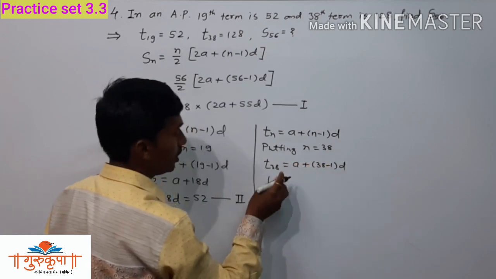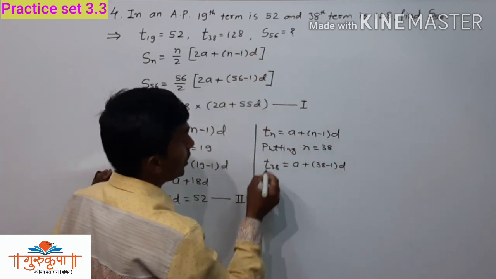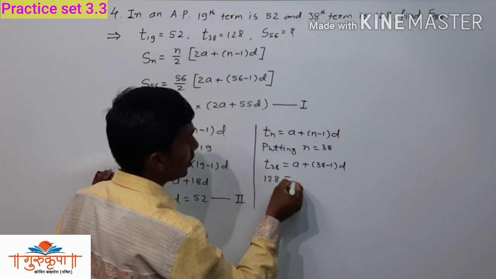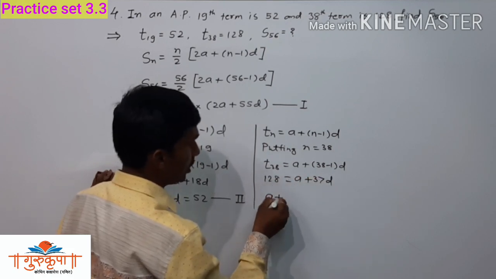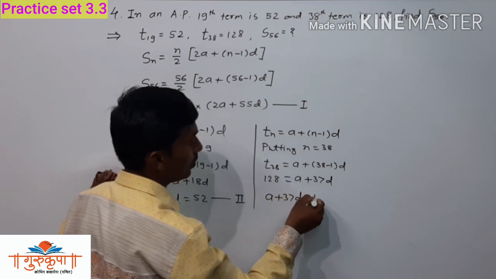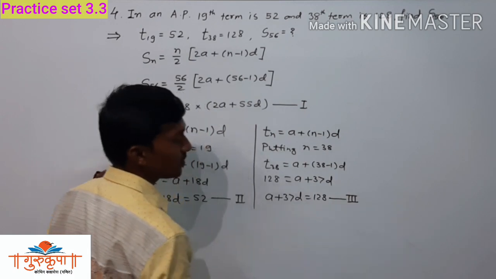We know the value of T38, that is 128. So here we will write 128 is equal to a plus 37d. Now you can write it as a plus 37d is equal to 128. Represent it as equation 3.